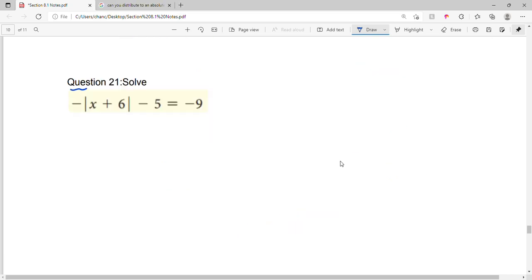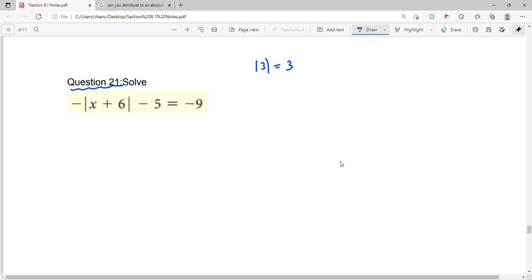In question 21, some people might feel tempted to distribute that negative into the absolute value of x plus 6. Don't do it, it will not work out. In the previous problem, we could have distributed a number into the absolute value because it's positive. For example, if I have the absolute value of 3, well, that's going to give me a 3.